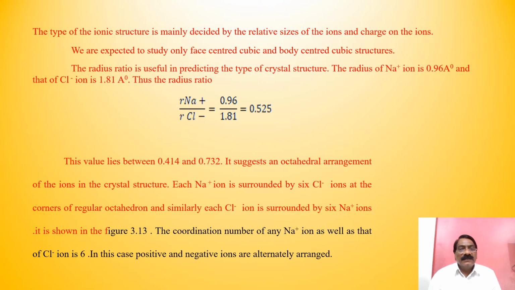It is shown in the next figure. The common coordination number of any Na+ ion as well as that of Cl- ion is 6. In this case, positive and negative ions are alternately arranged.